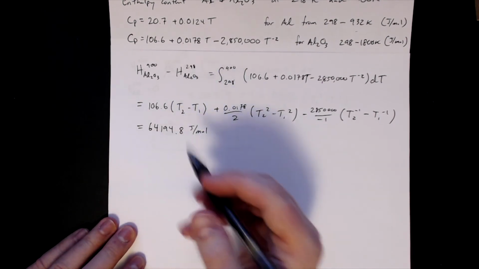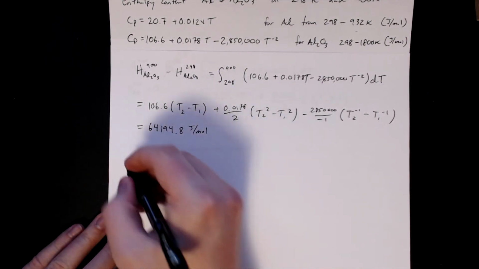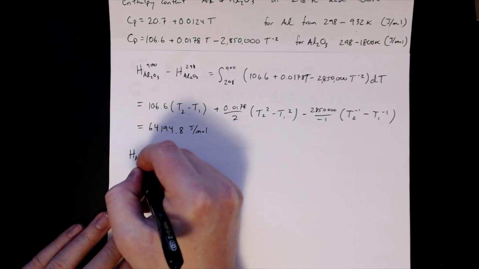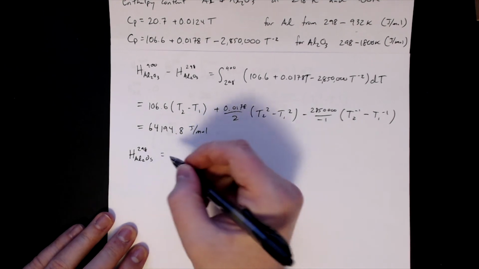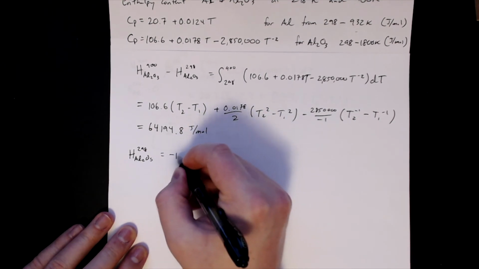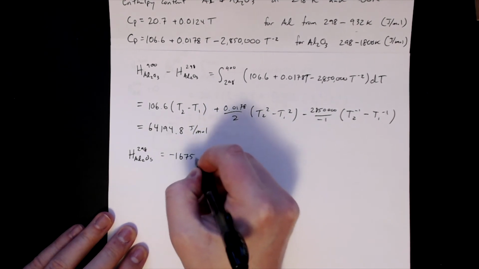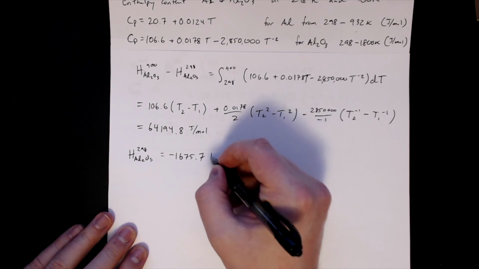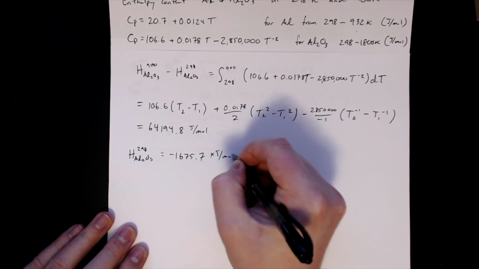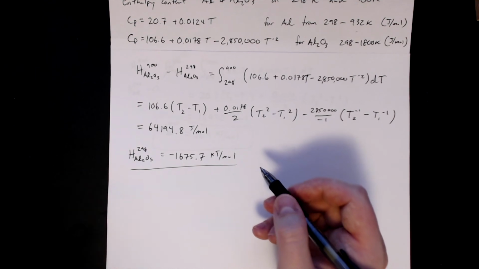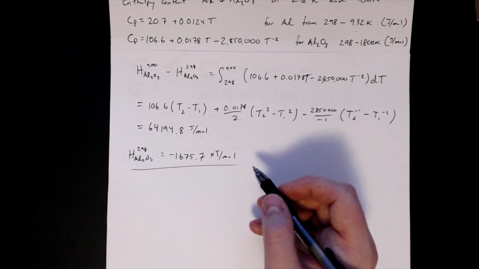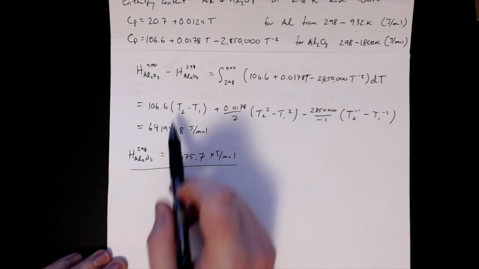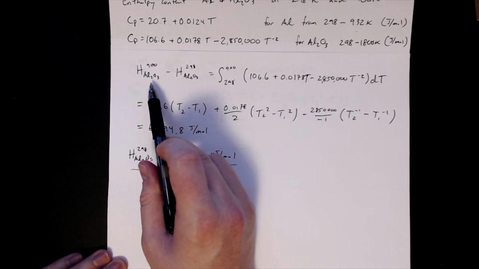But the enthalpy of formation for Al2O3 at 298 is given to us. I apologize for that. I'll fix it in the slide. And that's kilojoules per mole. So we can use that, but we have to have that value or be able to look it up to be able to solve for the value here at 298.